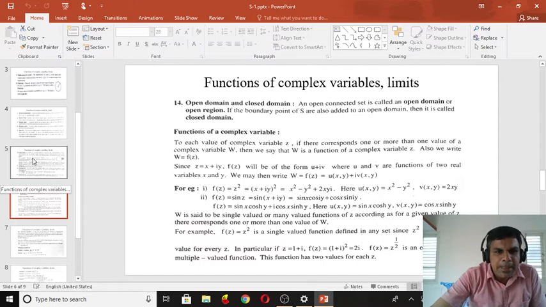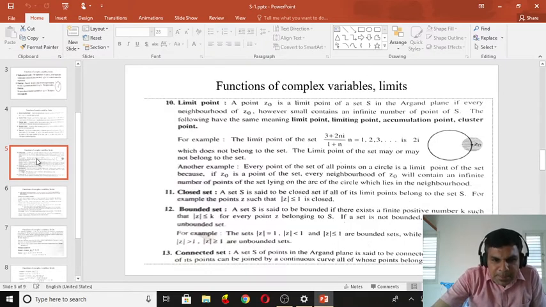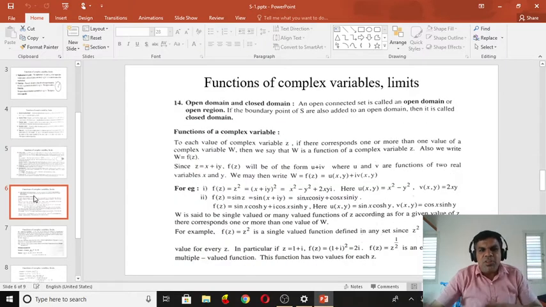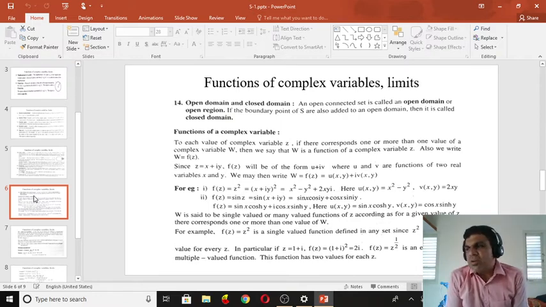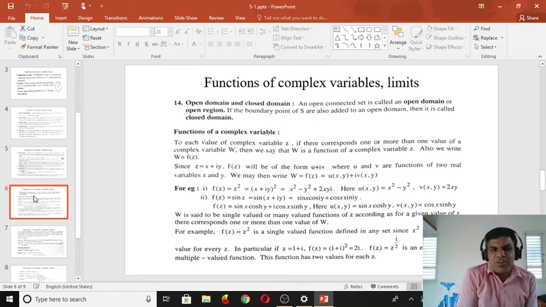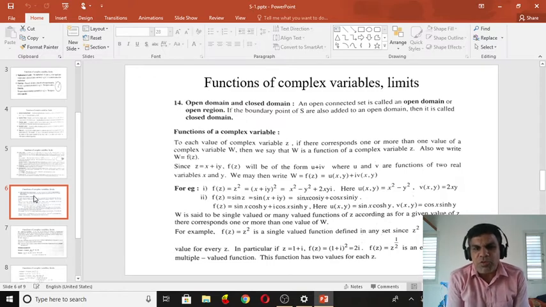So you come to the open domain and the closed domain. What's it? You already know. If you take a set, domain, codomain like that, if you come to the open domain, what's the meaning of domain within that? An open connected set is called an open domain or open region.